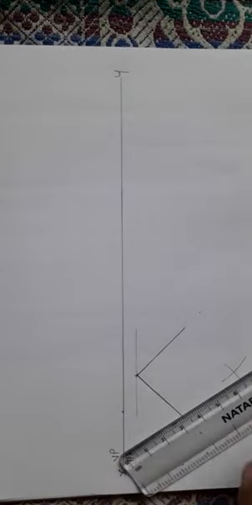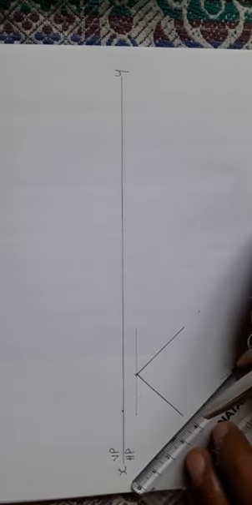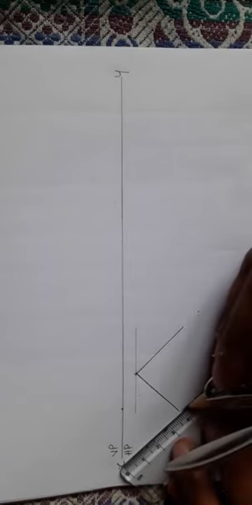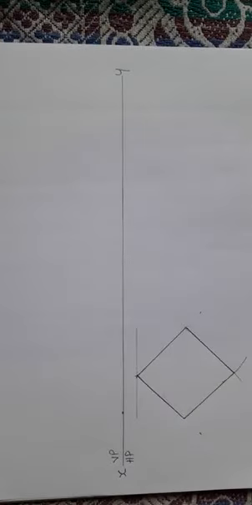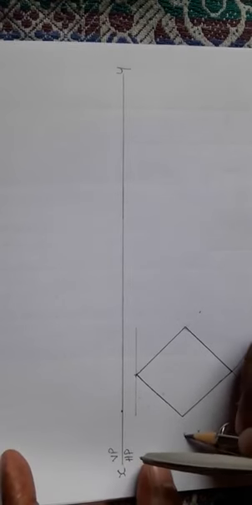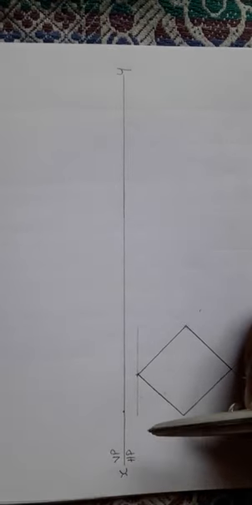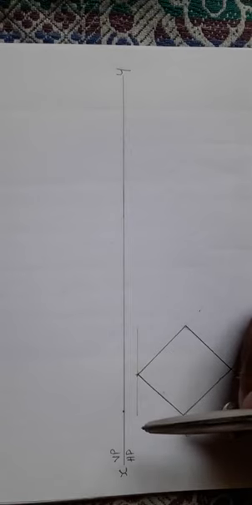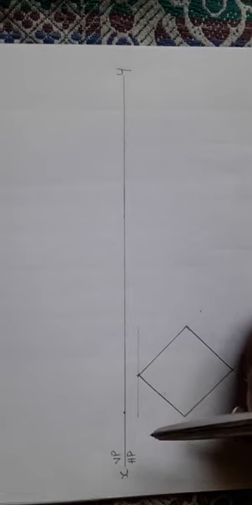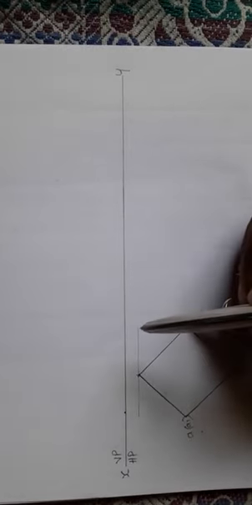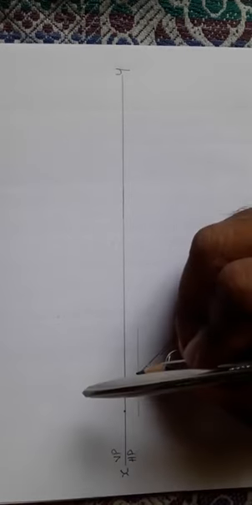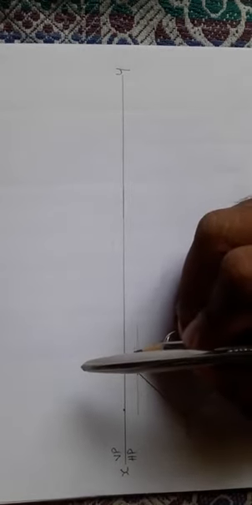So draw the line, and write the points A in bracket A1, in bracket B1, B, C, C1, D, D1.